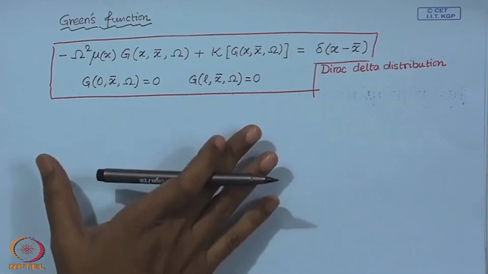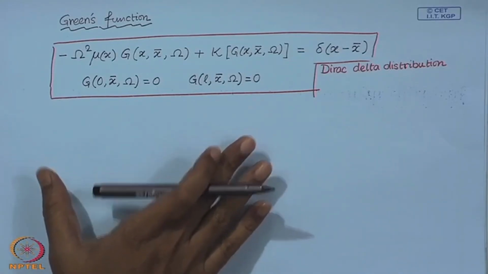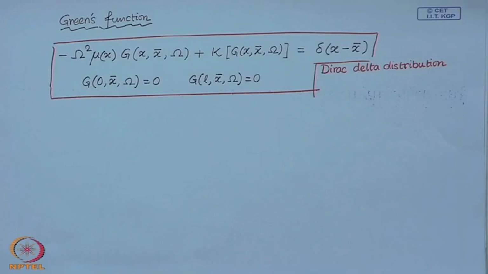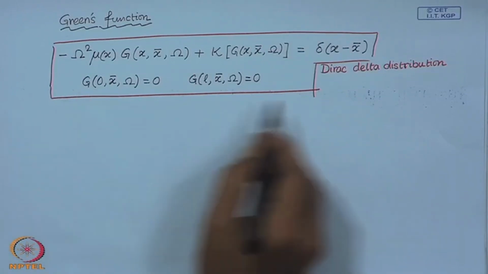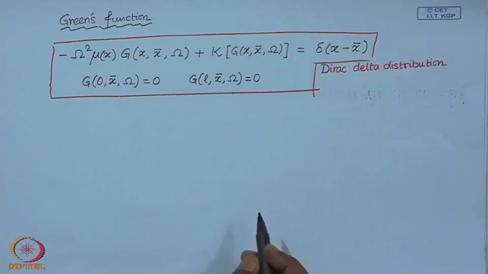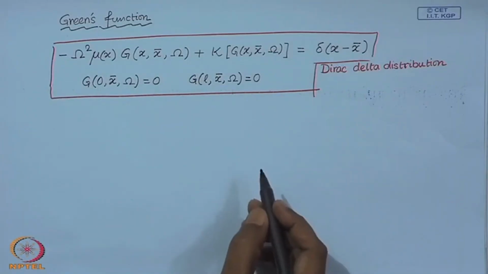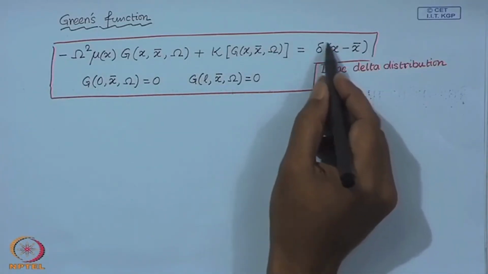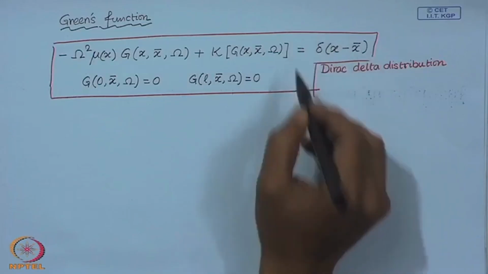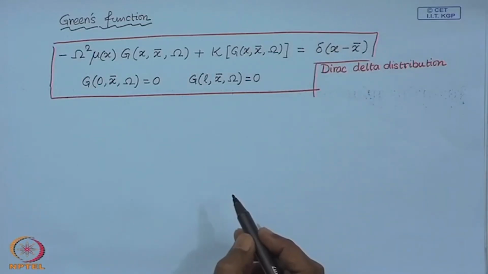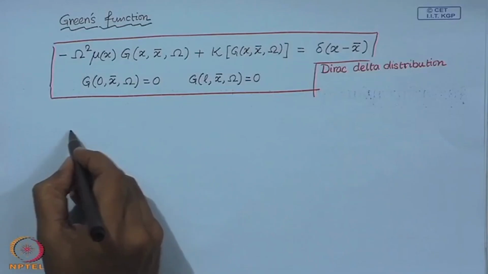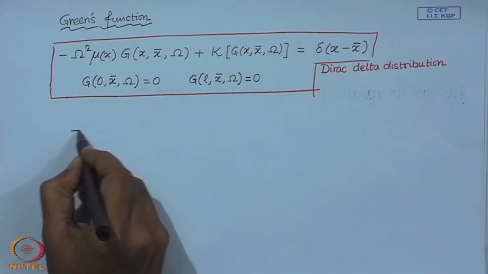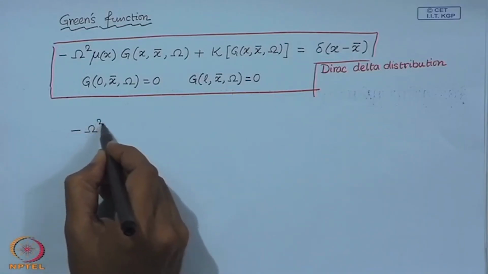So, we are going to discuss the Green's function in the context of only homogeneous boundary conditions. Now, how is this solution of the Green's function going to help us in solving a problem with an arbitrary force distribution capital Q of x? So, let us look at that problem. So, let me write again.